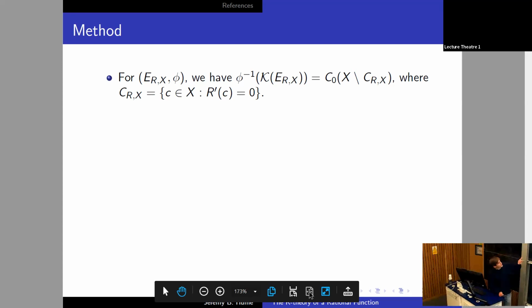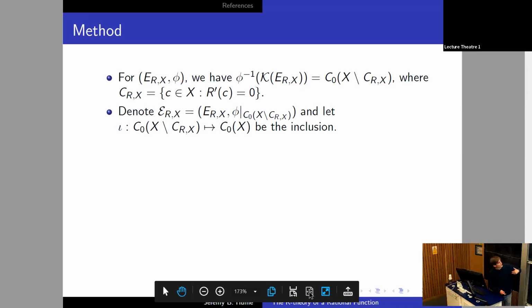Okay, so if you look at the correspondence and restrict it to the part of the left action that is mapping into the compacts, that turns out to be just the continuous functions on X off the critical set. And if you do this restriction, that correspondence will define a class in KK.